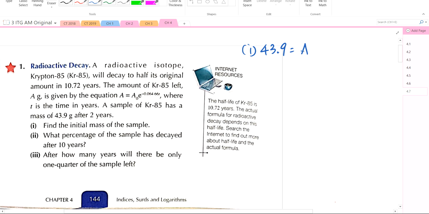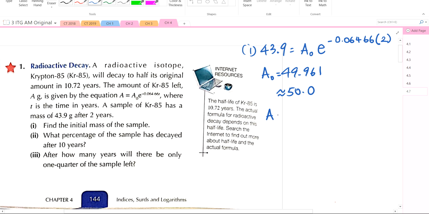43.9 equals to A naught, e to the power of negative 0.06466. What is the value of t? 2. Okay, can you help me find out the value of A naught? With your calculator, of course. Okay, so round off to give us 50.0. Am I right? Okay, now I'll substitute this back into the original equation, because A naught is a constant.